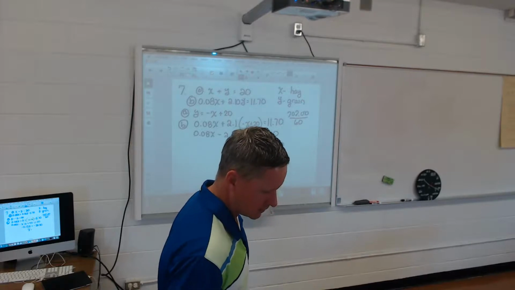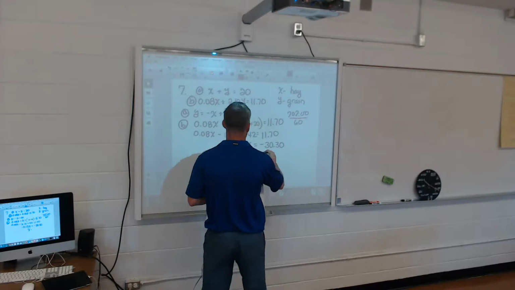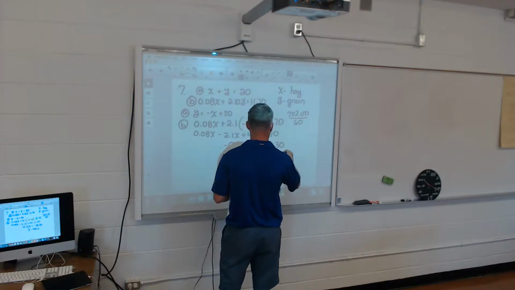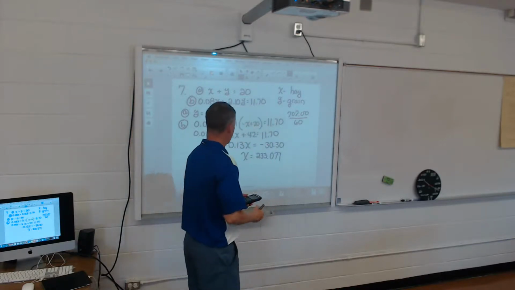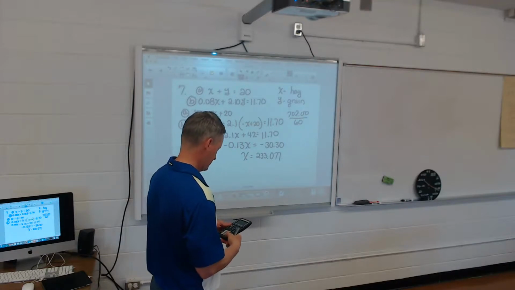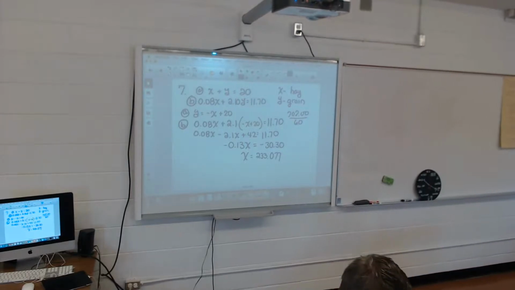Get a massively large number here. Okay, so now what else do we have around here? How much hay and how much grain does Mason feed his horse per day? That's per pound.